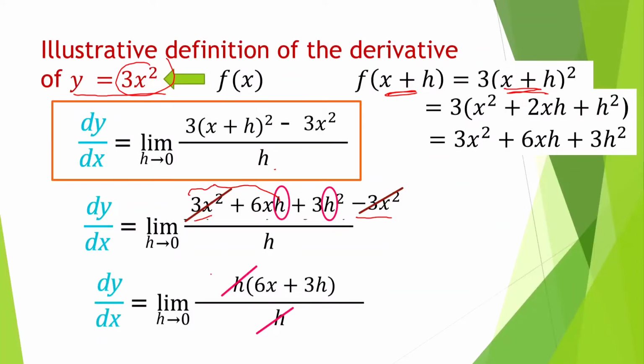So as h approaches 0, this term will become 0. So matitira sa atin, diba? Magka-cancel lang yon. So ang matitira will just be 6x. Yan, so 6x is independent already of h, kaya yun na yung answer natin. So ibig sabihin, ang derivative pala ni 3x squared is just 6x.